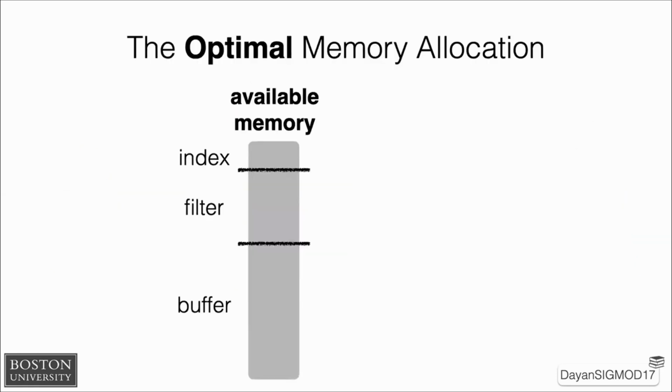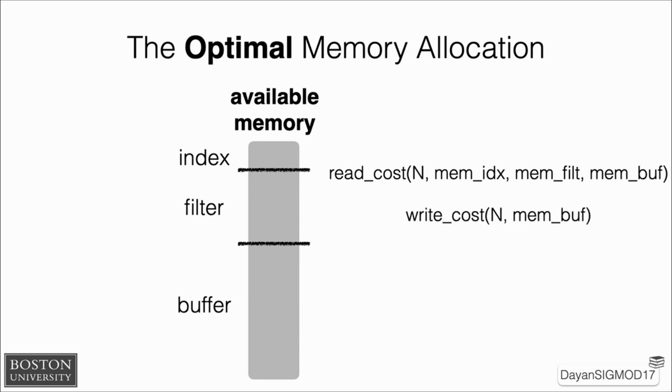This served as a building block, along with an analysis quantifying the read cost as a function of the data size, the memory allocated to indexes, the memory allocated to the Bloom filters as a whole, and the memory allocated to the buffer, and the write cost as also a function of the data size and the memory allocated to the buffer.